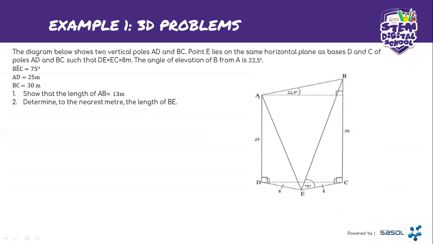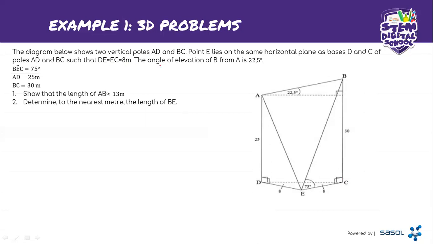Can you see AD and BC? Point E lies on the same horizontal plane of poles AD and BC such that DE equals EC equals 8 meters.